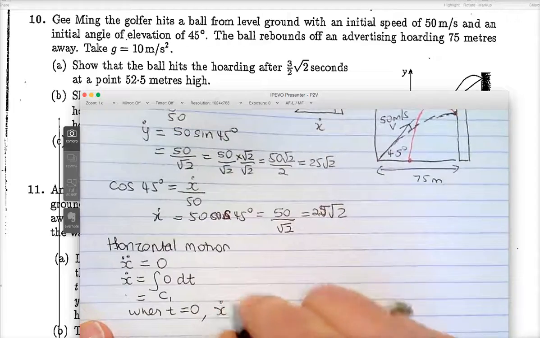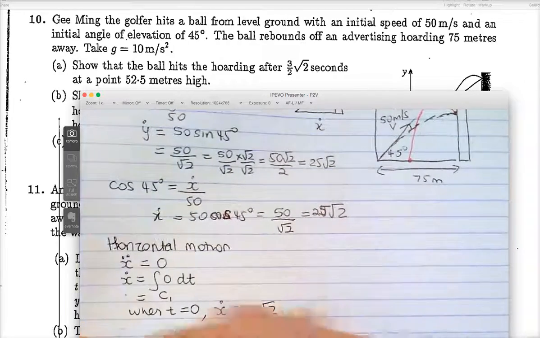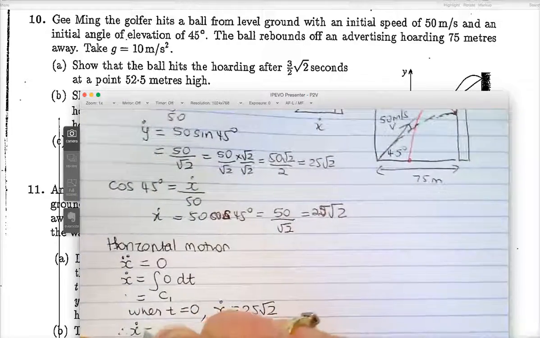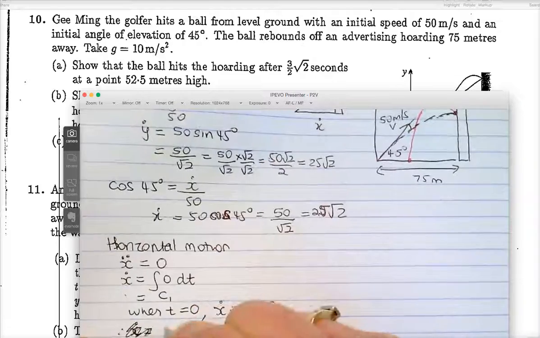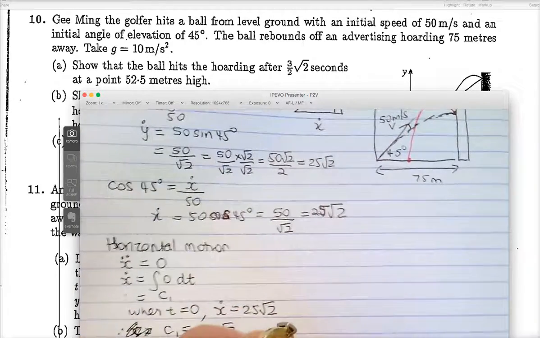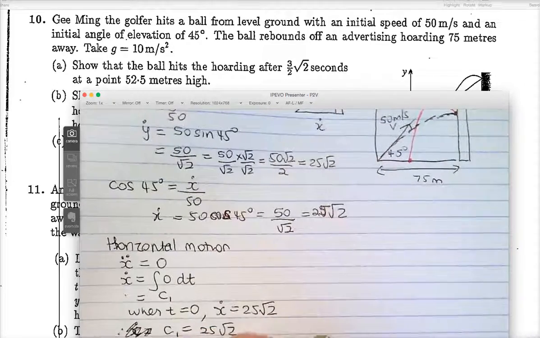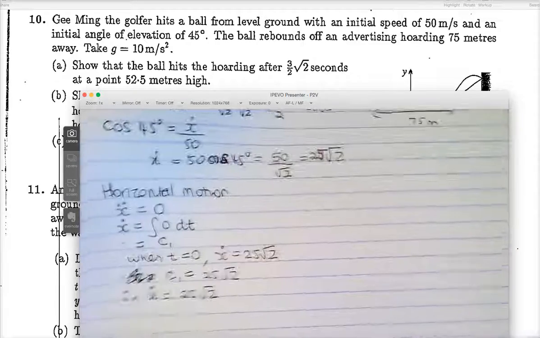X dot is 25 root 2. So therefore C1 equals 25 root 2. Therefore x dot equals 25 root 2. Are we good?